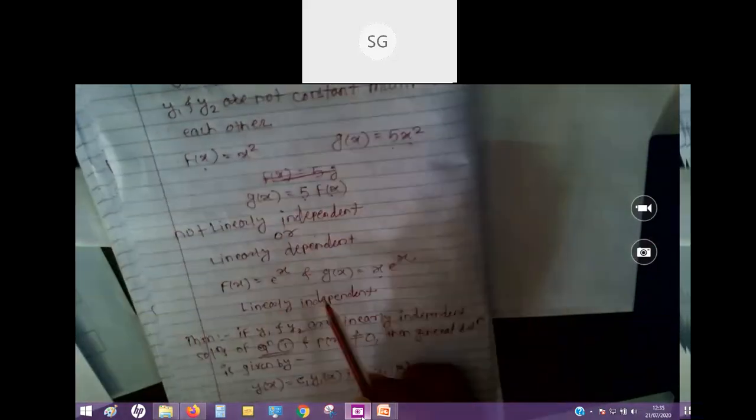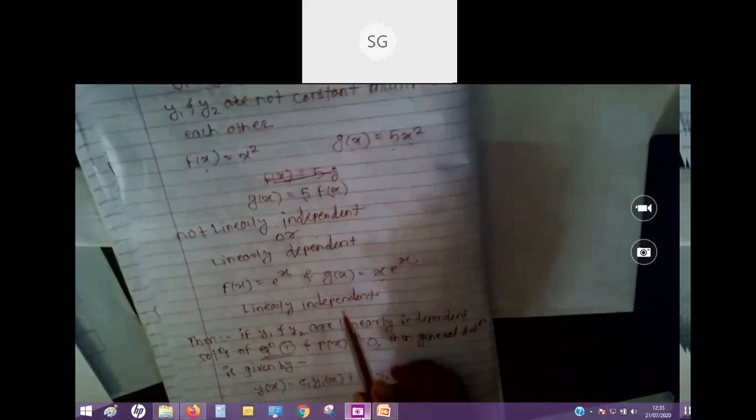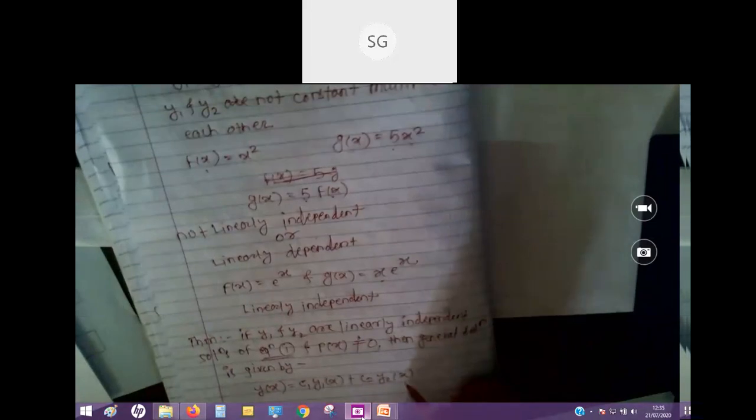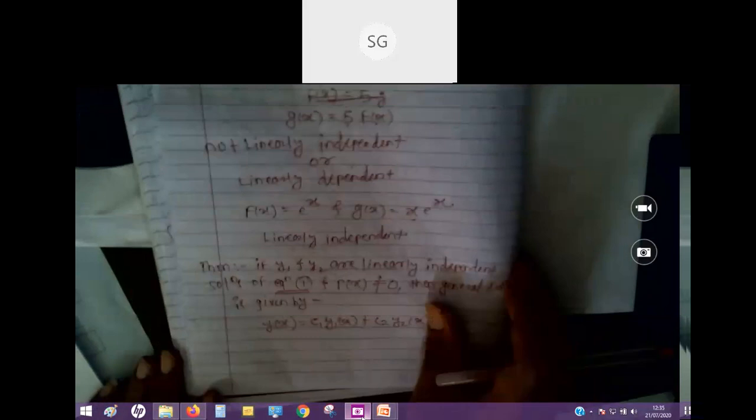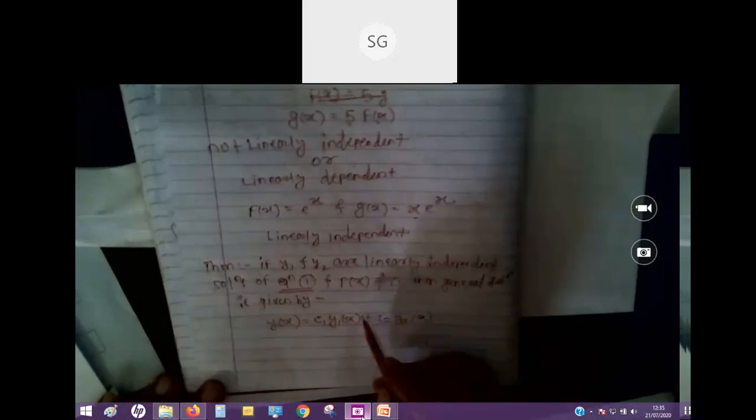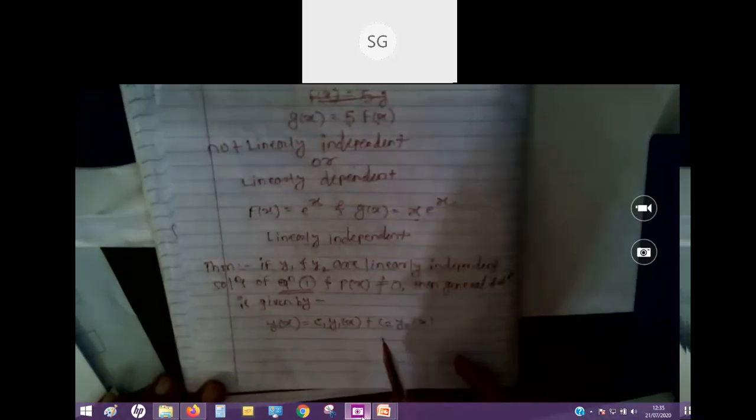Only if y1 of x and y2 of x are linearly independent. Then and only then can we say that this is also a solution to the given homogeneous second order differential equation. Are you getting this?